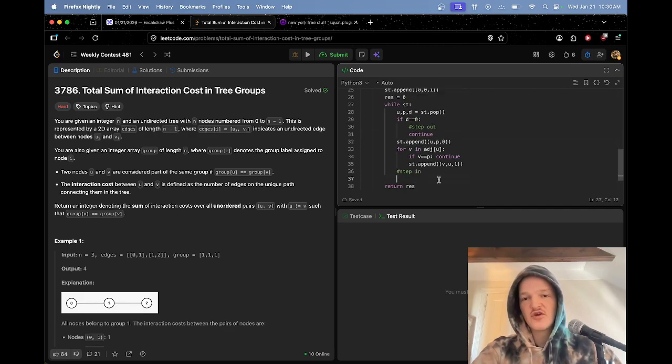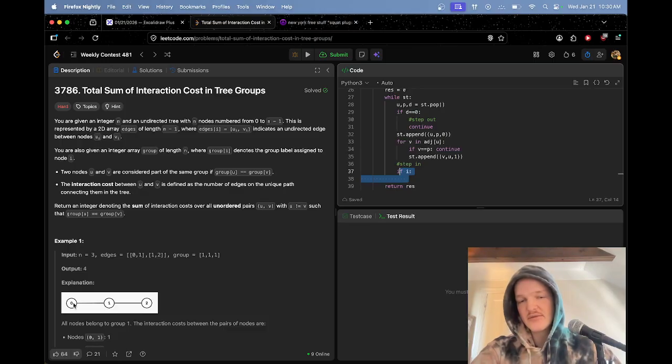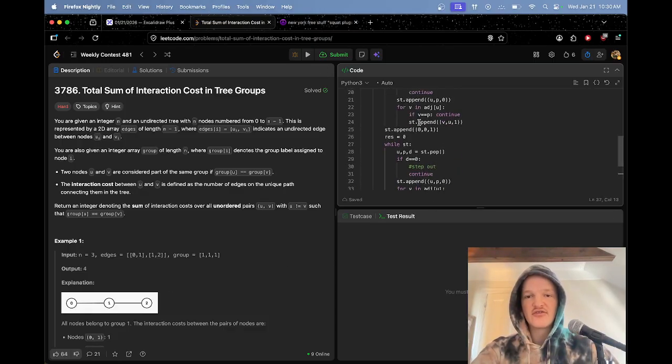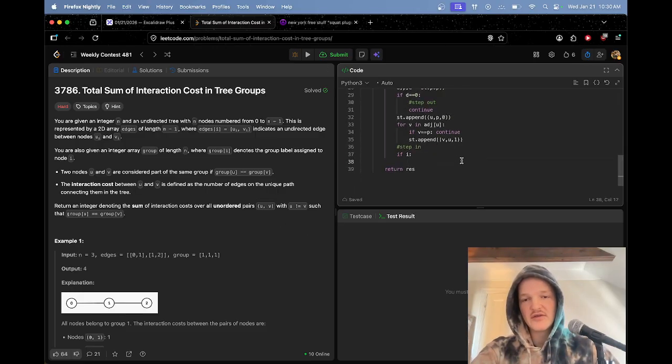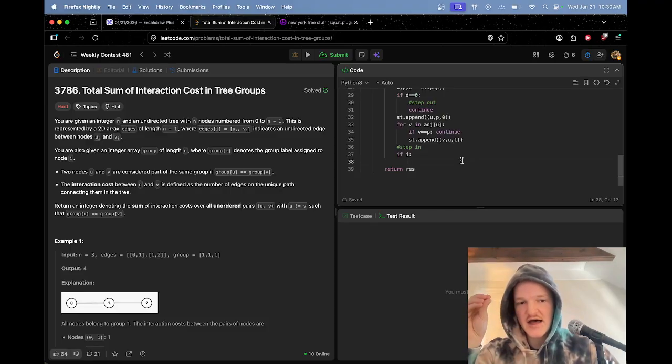And first things first, I'm just going to say if I'm already in the whole tree. I'm already in subtree 0. That's the way I've set this up. You could easily get rid of this if statement and just have res start out as like groups at 0, but that's a tiny little small optimization that doesn't matter. So then we want to step from wherever we currently are into this subtree.